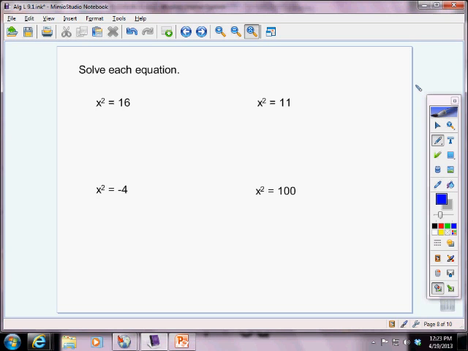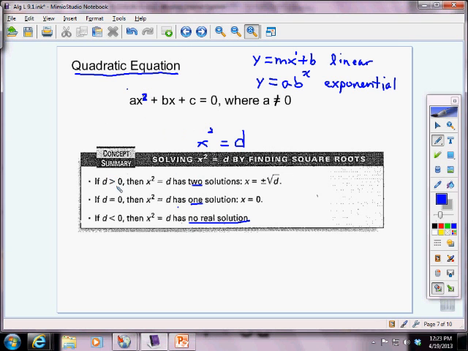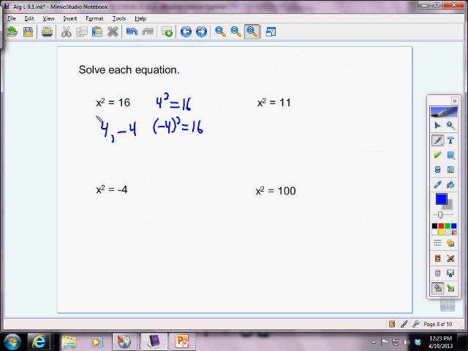So you take the square root of 16, and hopefully you know that that's 4, but it's also negative 4. Think about it. If we put 4 squared, that equals 16, but negative 4 times negative 4 is also 16. That's what we mean here, that if it's a number greater than 0, it has two solutions. 16 is greater than 0, so it has two solutions.